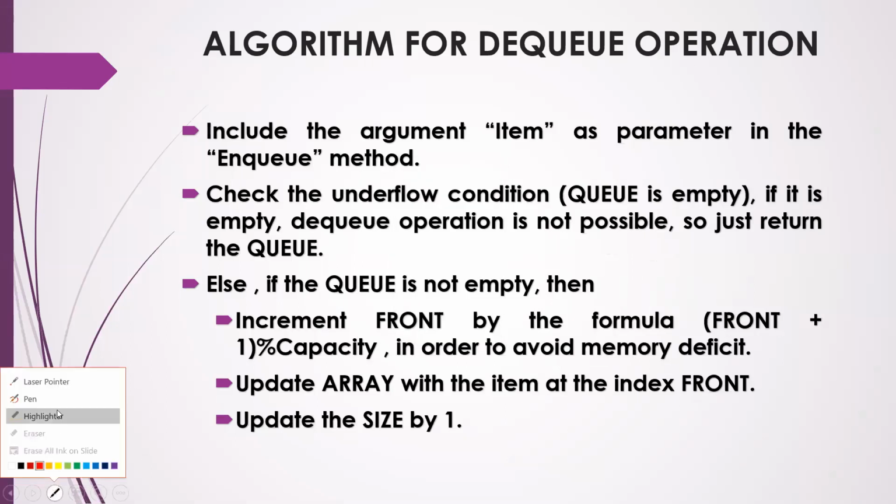If it is empty, the dequeue operation is not possible, so just return the queue. If the queue is not empty, then you have to increment front by the formula front plus 1 percentage capacity in order to avoid memory deficit. And you have to update the array with the item at the index front. So update the size by 1.